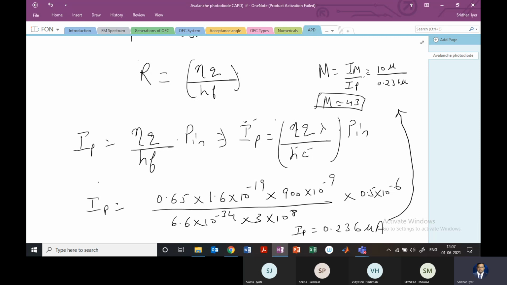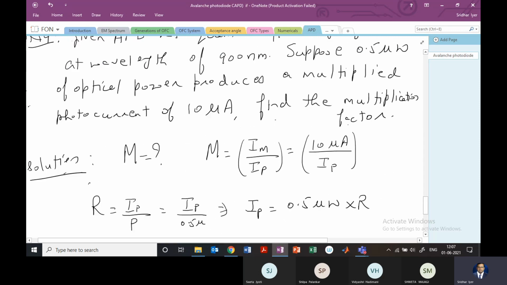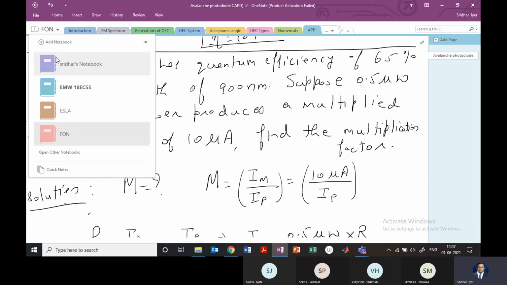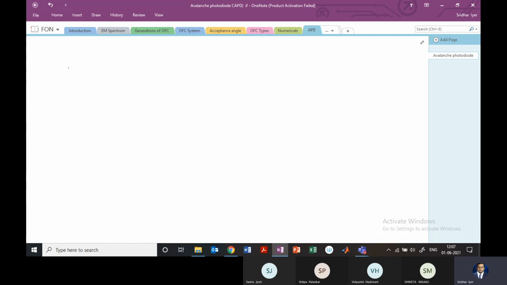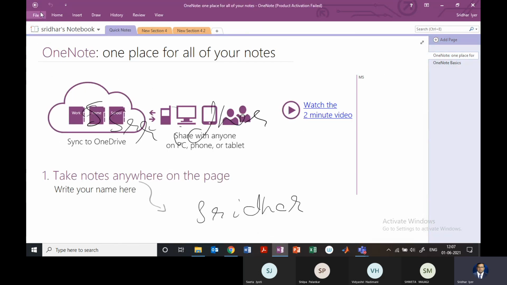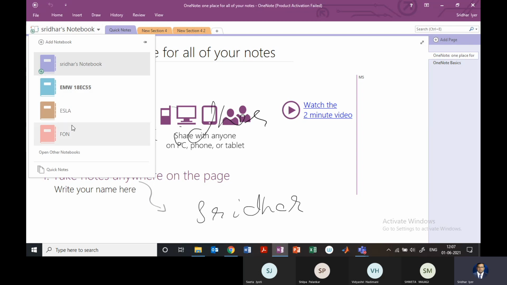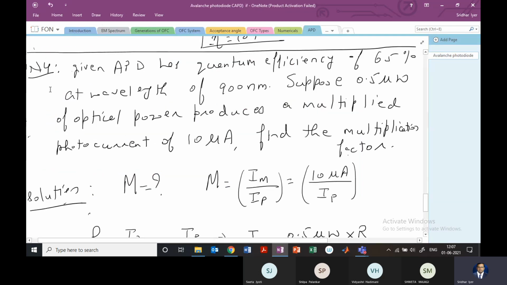This is a very common kind of question that you will encounter. A similar question was asked in the previous exam, not the same values, but a similar kind.